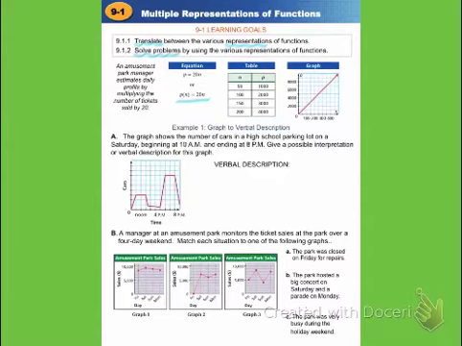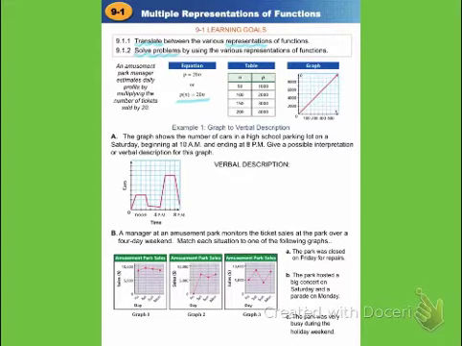We could represent that in a table by giving some specific instances, like if we sold 50 tickets, we would make 50 times 20, which is $1,000 in profit. 100 tickets sold would make $2,000 in profit, and so on. So you have table format.